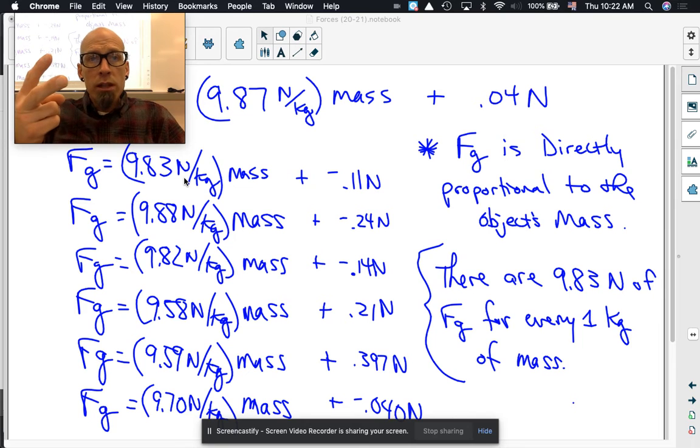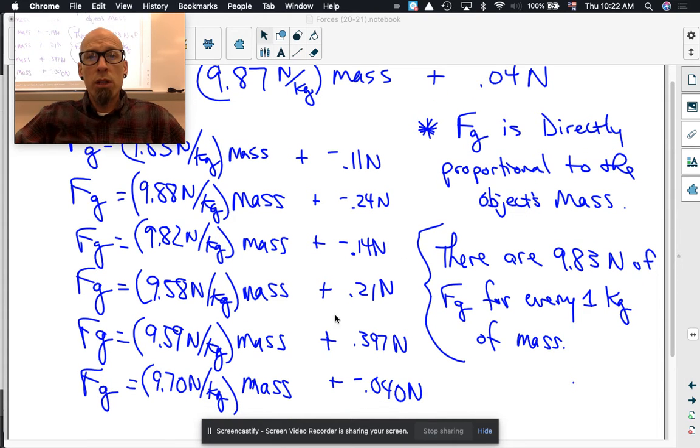So if you're 2 kilograms, then you've got 20 newtons of gravity force. 3 kilograms, you got 30. 4 kilograms, you got 40. 5 kilograms, you got 50 newtons of gravity force. So again, for every 1 kilogram, it's another 10-ish newtons of gravity force. I hope that makes sense. That's what the slope's telling us.